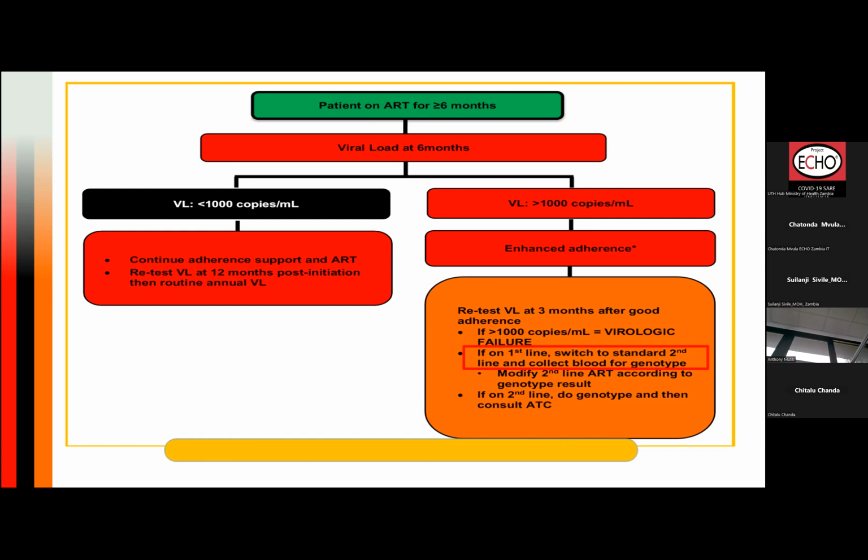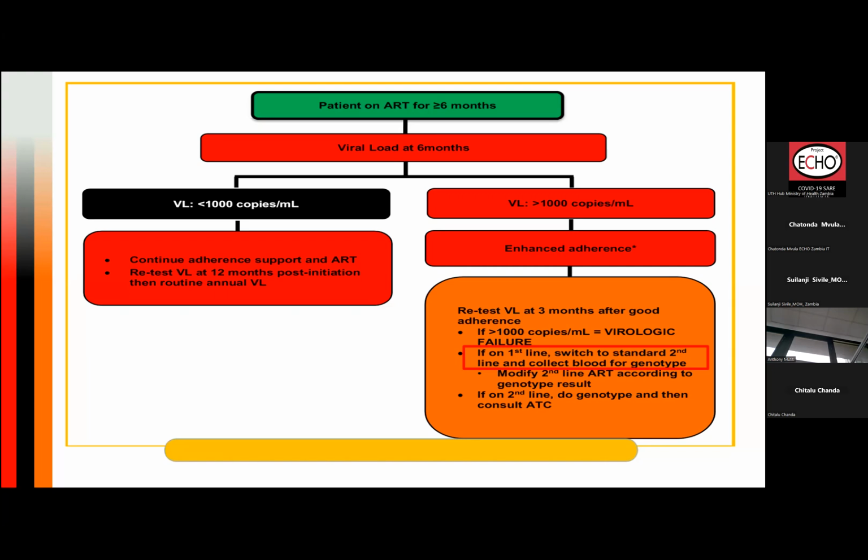When the viral load is below 1,000, typically there will be very little virus to amplify, so the test will not work. There are a few good tests, like GenoSure, which will pick a bit, but we don't use that in the country.